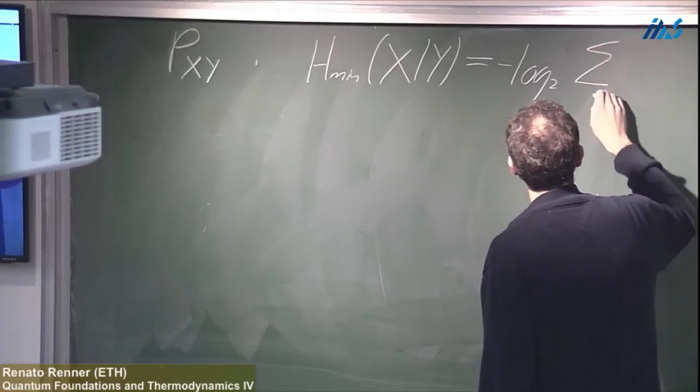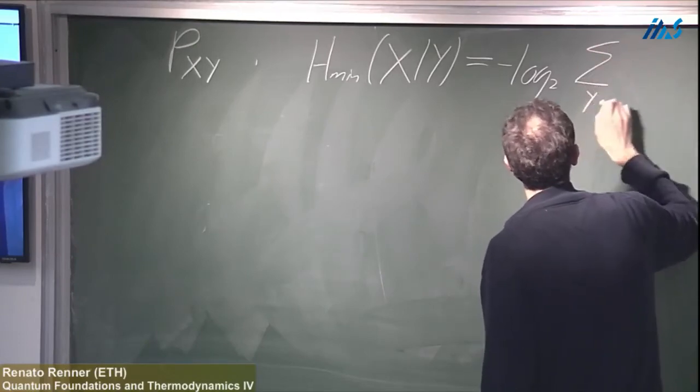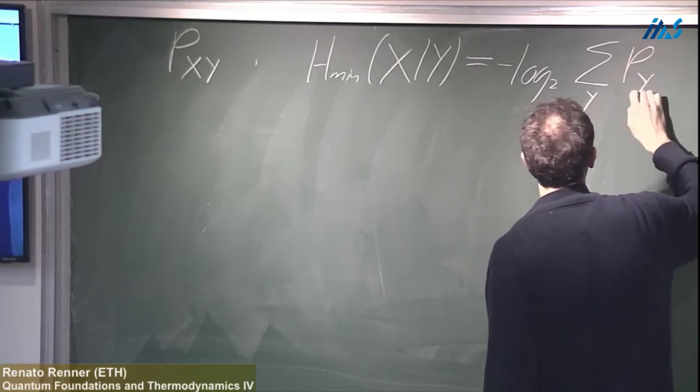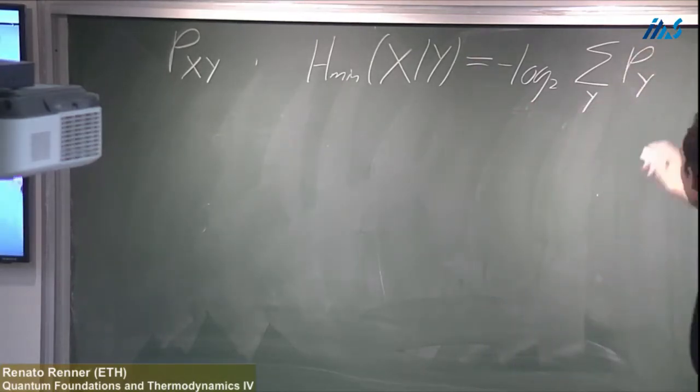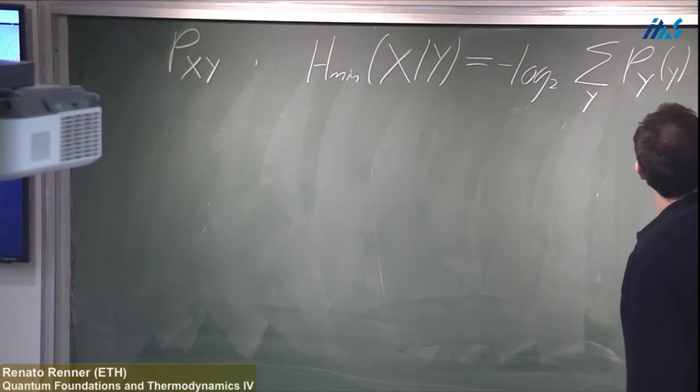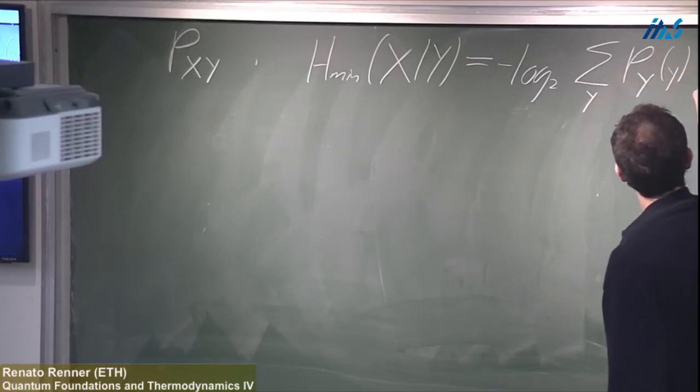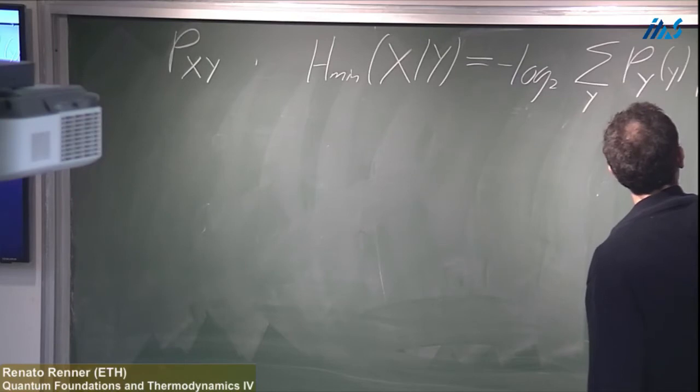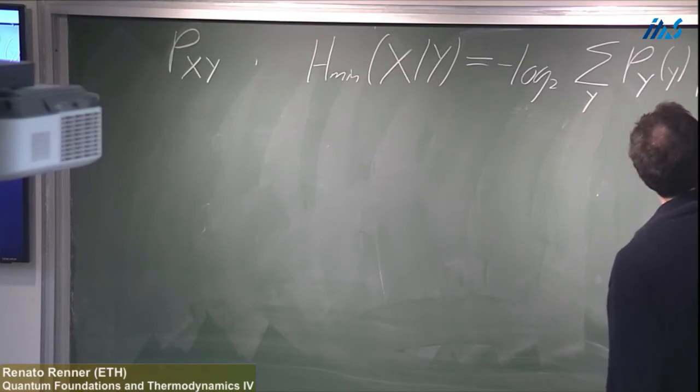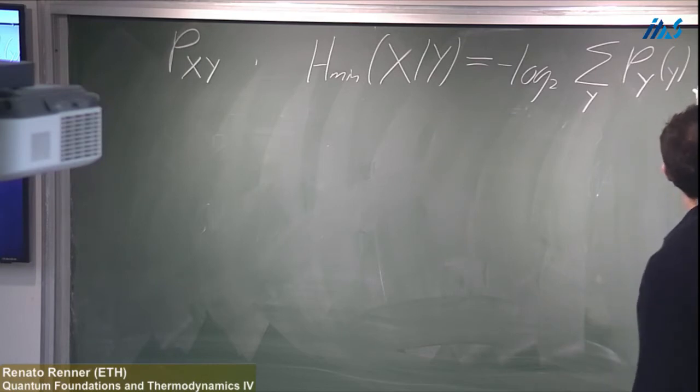You could say that I first sum over y. I mean, there are different equivalent ways to write the same thing. And then it's the guessing probability p guess of x, so the probability of x given that y is this particular y. So what is this?